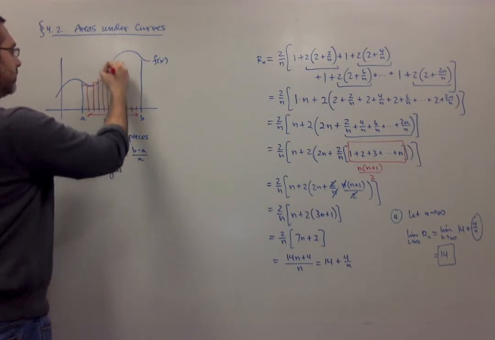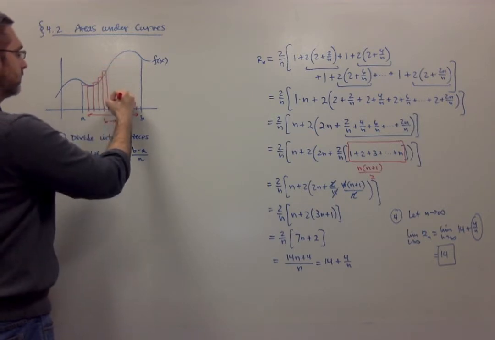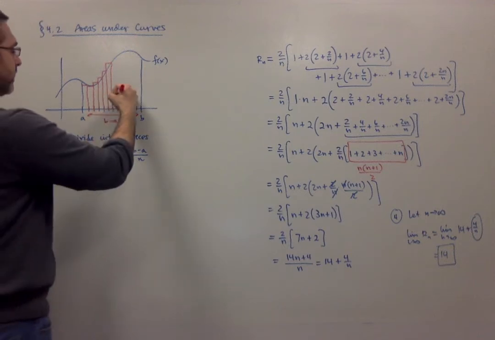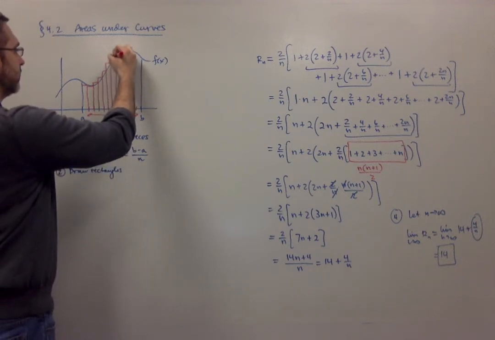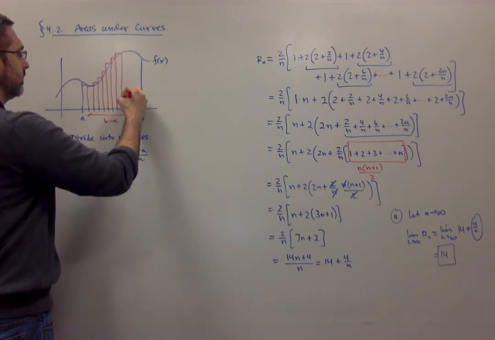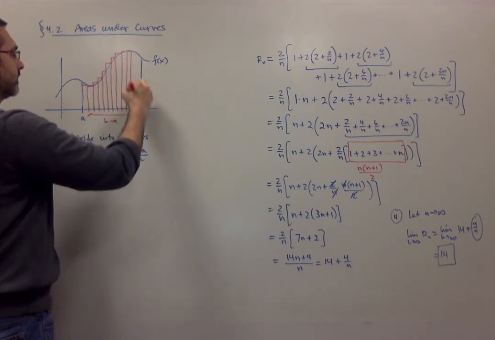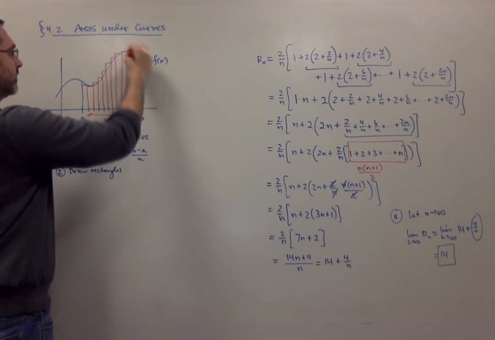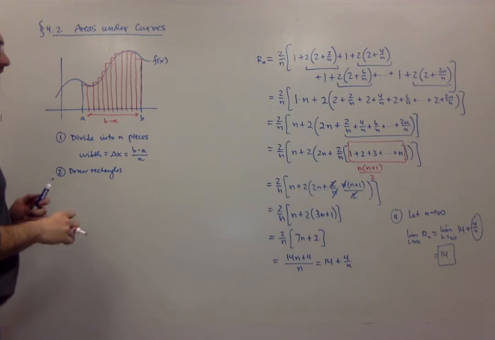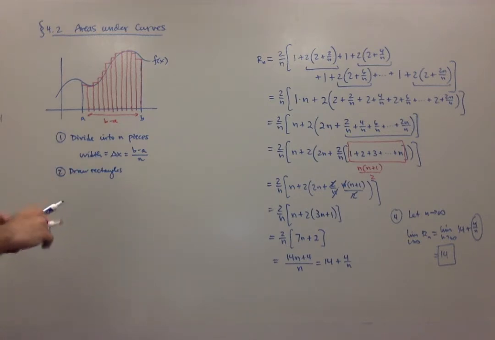If the book talks about upper sums, they always want you to use the thing that's going to give you the biggest height. If they use lower sums, they want the thing that's going to give you the smaller height. So the book isn't necessarily interested in using the right or left side. They're interested in using the highest or lowest points.